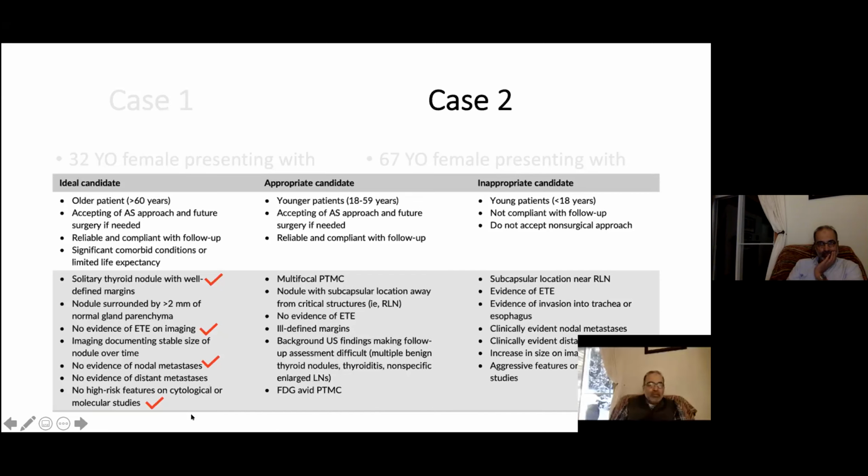In case 2, if you had the exact same features, then yes, you can also continue to monitor these patients without doing any operation.